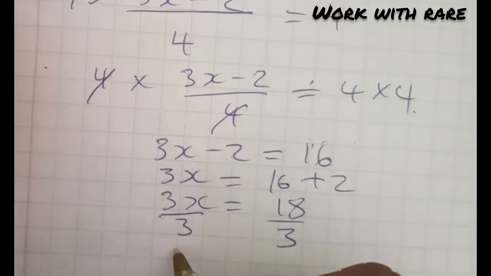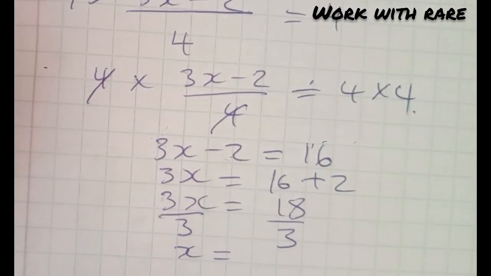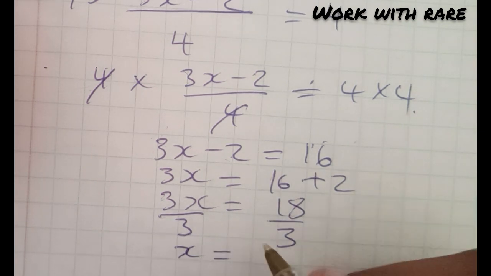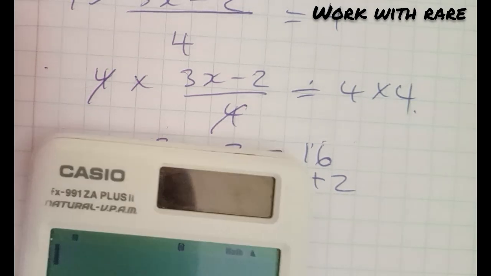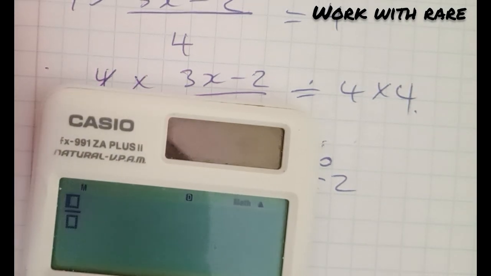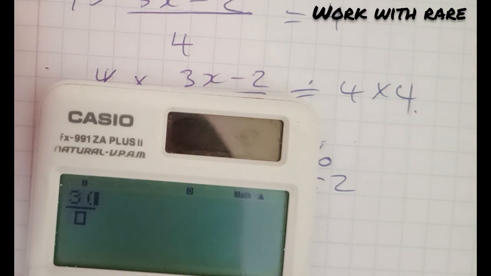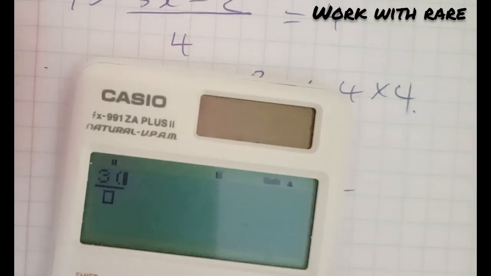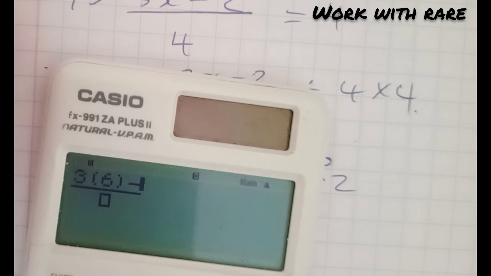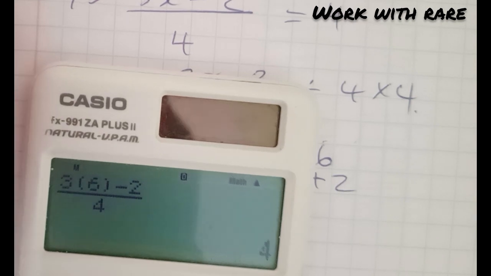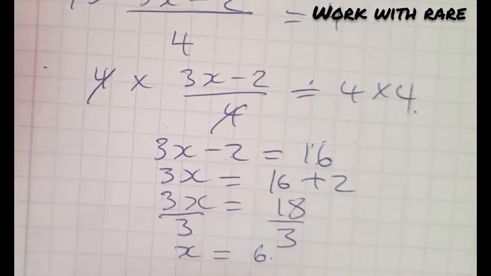So my x value is 18 divided by 3, is how much? 18 divided by 3 is 6. So our x value is 6. So even this one you can test it. So I'll write my fraction where I see x, I'll substitute 6. Okay, so I'll say 6, then I say minus 2 all over 4. Let's see if it will give us 4. So it's 4. So our x value is correct.